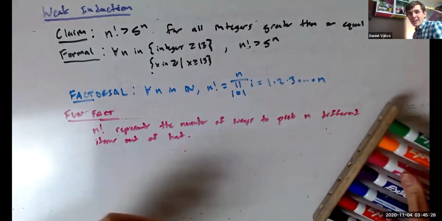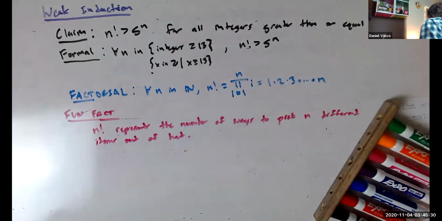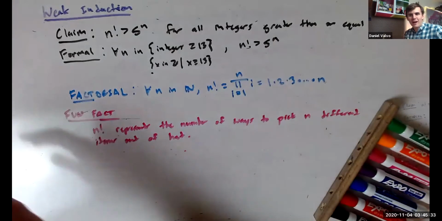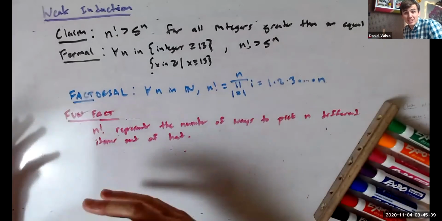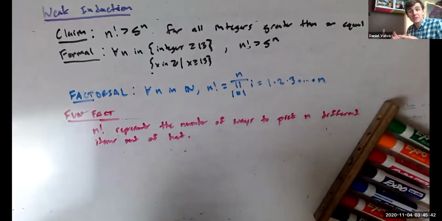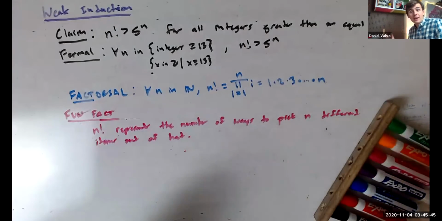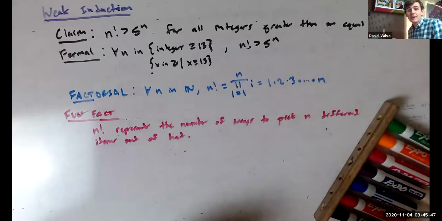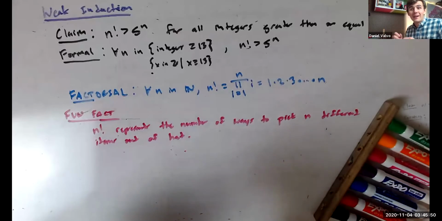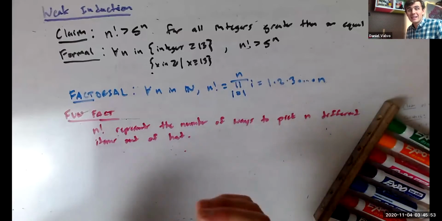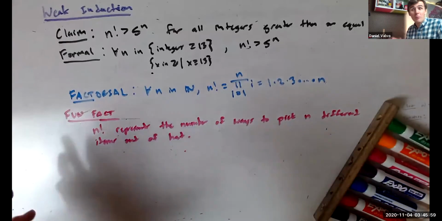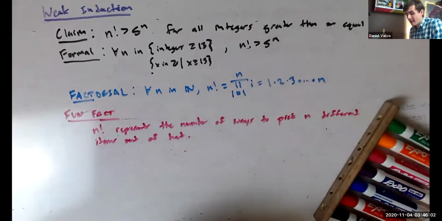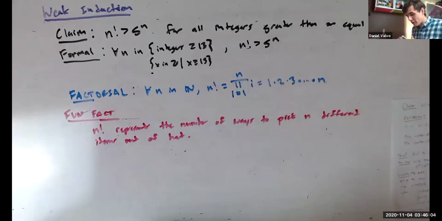If you had a nice hat with items in it, let's say n was 3 with 3 items in it, like A, B, C, you could pull out ABC, ACB, BCA, BAC, CBA, and CAB. The point is there's 6 different ways you can pull those things out of the hat. That's what n factorial represents.